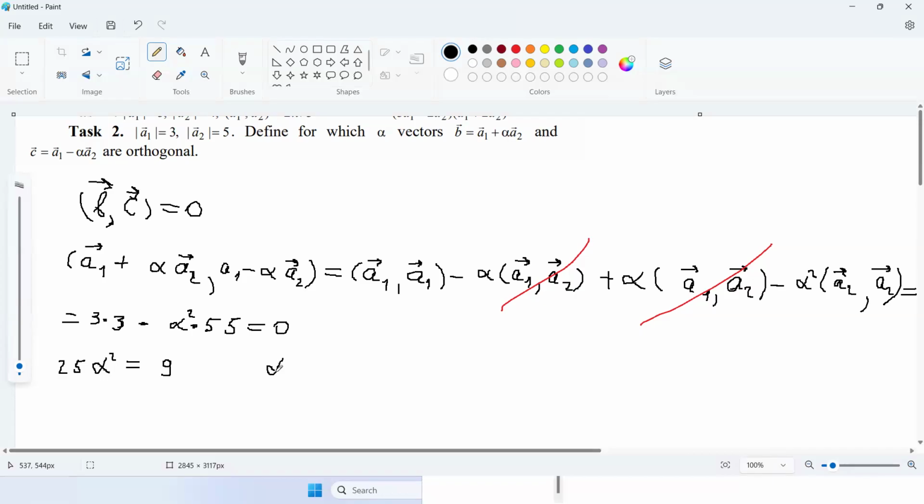Alpha squared equals 9 by 25, and alpha equals, so 2 roots, plus or minus 3/5. Any questions about this task or not? No questions. Okay, let's move next.